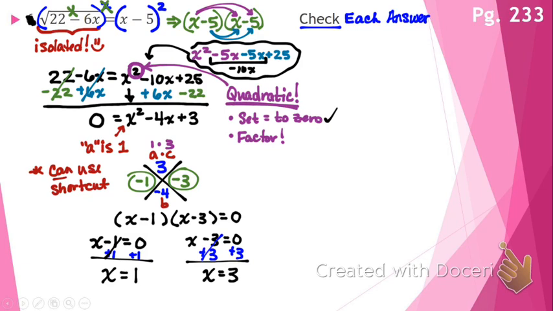Which one do you guys want to check first? 1 sounds good. So I'm substituting into the square root of 22 minus 6x equals x minus 5. You said check the 1 first. So I'm going to put 1 in the place of both of these x's.